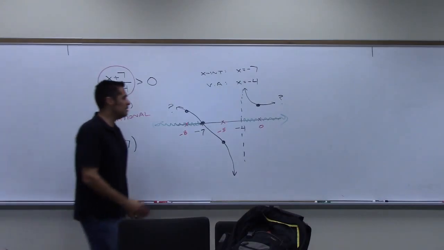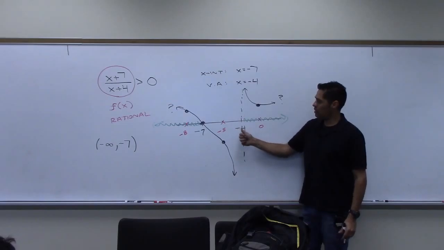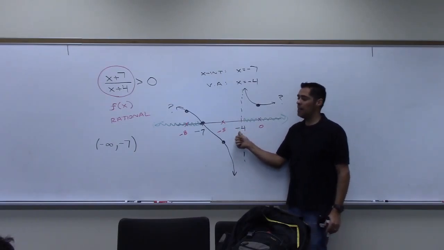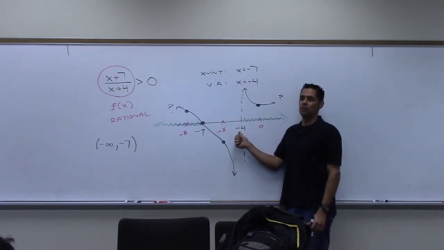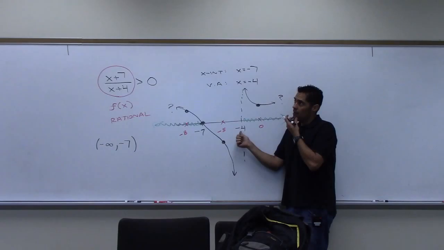Now, what about -4 over here? Do I include it? No, you use parentheses. Why don't I include it? Because it's a vertical asymptote. That's right. We have to be careful here. We could never include -4.